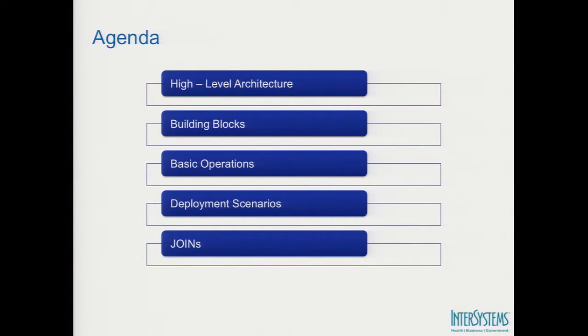We'll talk about deployment scenarios, like how you would deploy this machinery, either in the cloud or in your test lab. And last but not least, a very important topic, which Robert alluded to with his use case example, is how you join multiple tables that might or might not be local to a particular node.